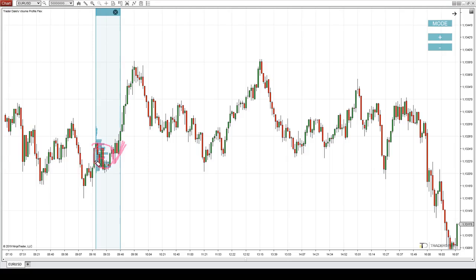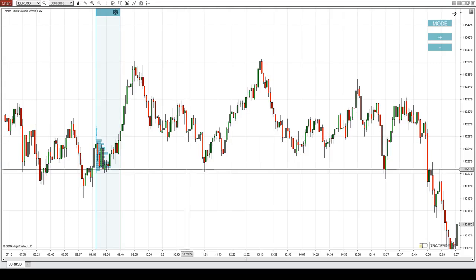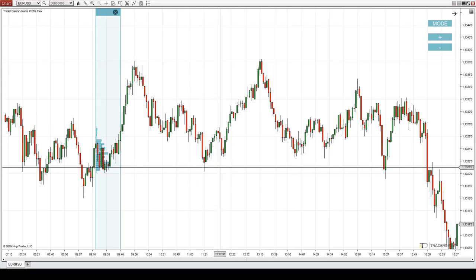It seems like the heaviest volumes, which are in here, got tested. If you remember from the theoretical part, this is the thing which I don't like, when the level gets immediately tested. So I probably wouldn't trade like this. As you can see, if I draw a line there, there was a nice reaction to it.